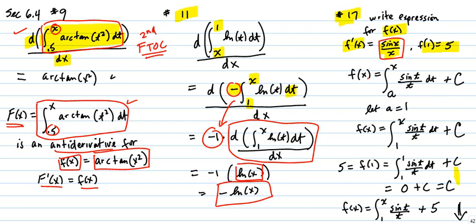So f of x is equal to the antiderivative of f prime. We construct it by the second fundamental theorem of calculus. But we add on a constant, because if you take the derivative, the constant will be 0 anyway and return you back to the original function.